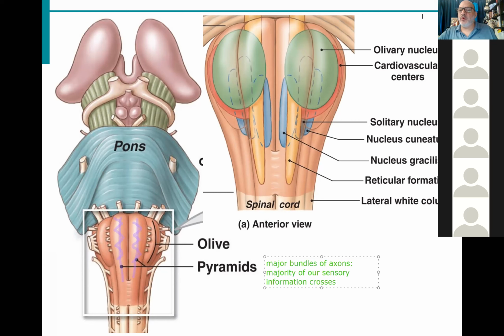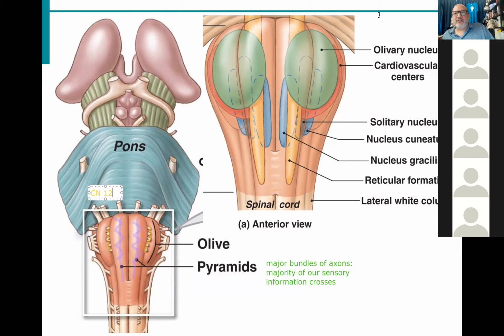Notice then, and again, we're not there yet, but we will get to it, on both sides of the pyramids are actually these bundles of axons, and these bundles of axons collectively are our cranial nerve 12. We'll talk about cranial nerve 12 a little bit later when we get to the cranial nerves, but I'm pointing it out to you now so that we can orient ourselves, because that's cranial nerve 12.